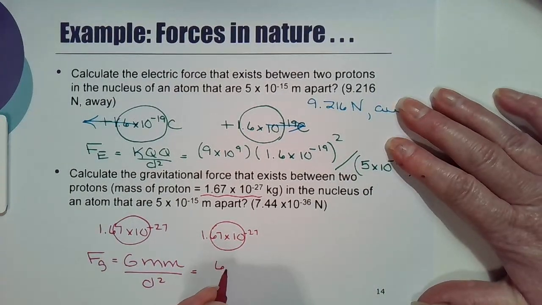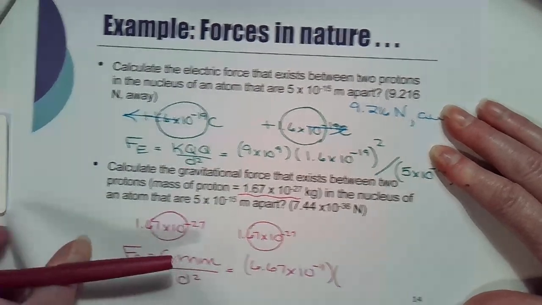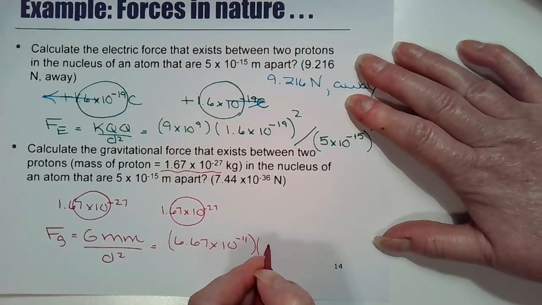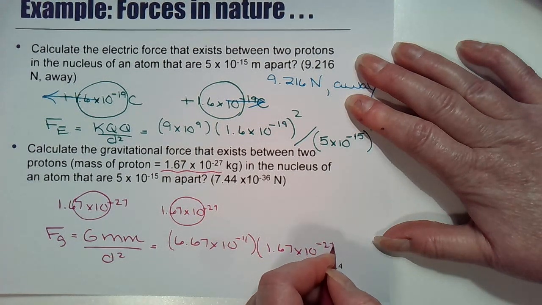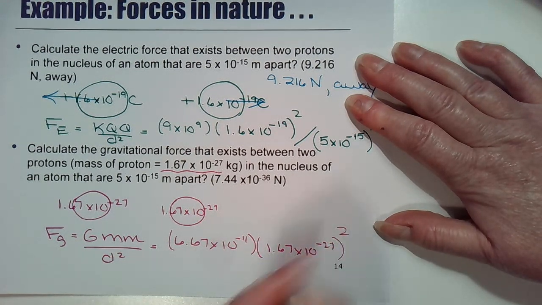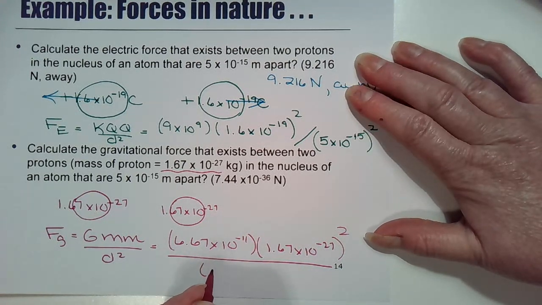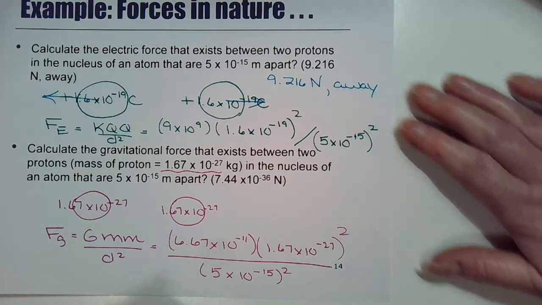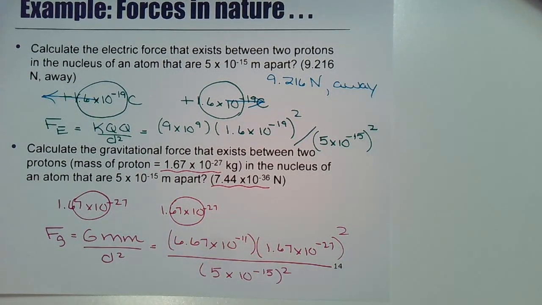And this is going to be 6.67 times 10 to the minus 11, and my mass, 1.67 times 10 to the negative 27. I could repeat that, or I could just put the squared. And again, they are very close together. And when I number crunch, I get that answer.